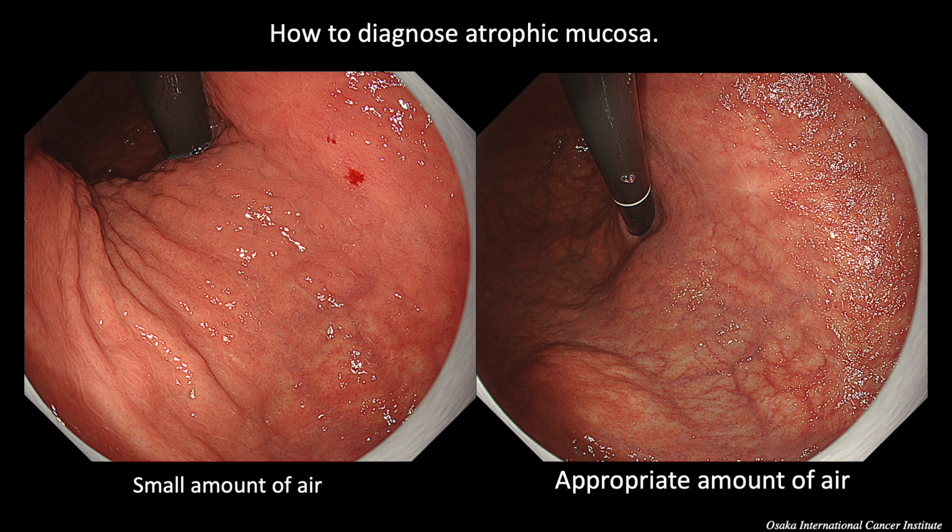You can see that there is a difference in vascular visibility. Thus, when diagnosing the presence or absence of atrophy and the boundary of atrophy, it is important to observe the stomach in moderate extension with appropriate amount of air.